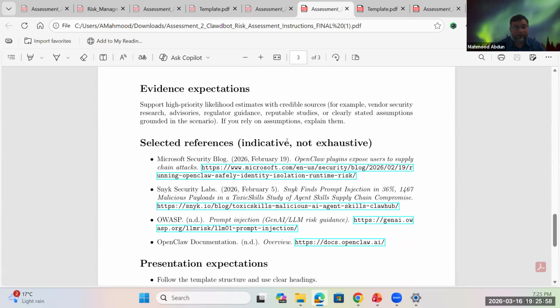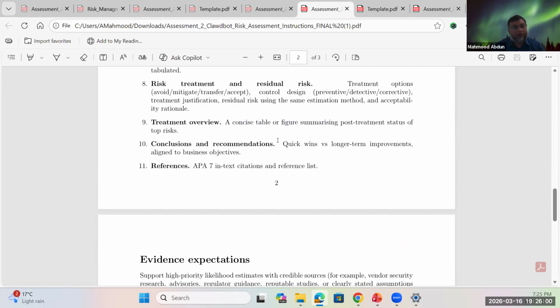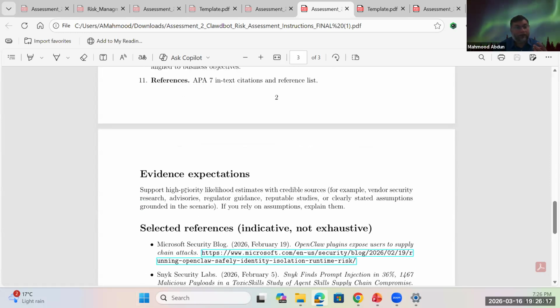Evidence expectations. Now this is important. Different people will write it differently, correct? The assignment can be a very simple one, or it can be a more researched one. The more research you put in, the better the quality is going to be, and that will be reflected by the quality and quantity of evidence associated with your work.